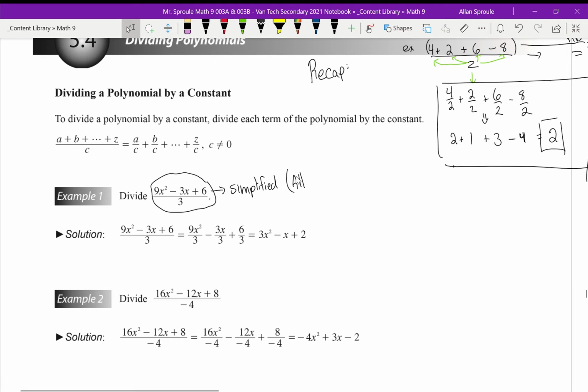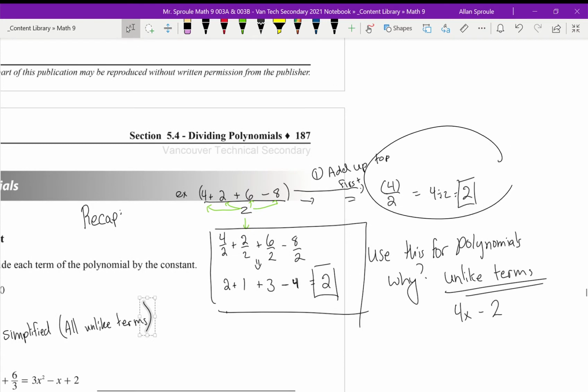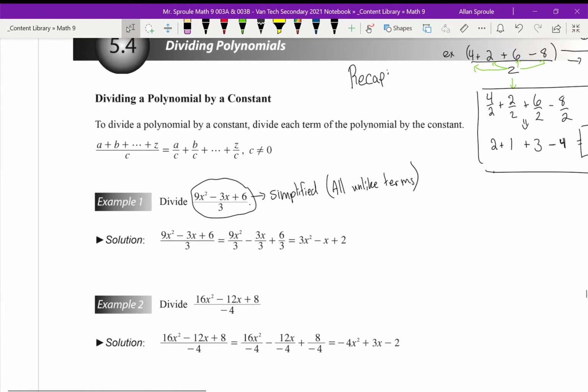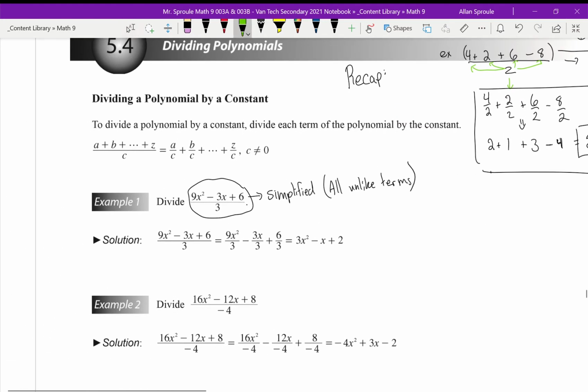They're all unlike terms, so I can't combine anything, and they're also from highest degree to lowest degree. So on its own, I can't figure out what that is as one number like I was doing up here. Instead, what they're saying is take the 3 and divide each term by the 3 separately.